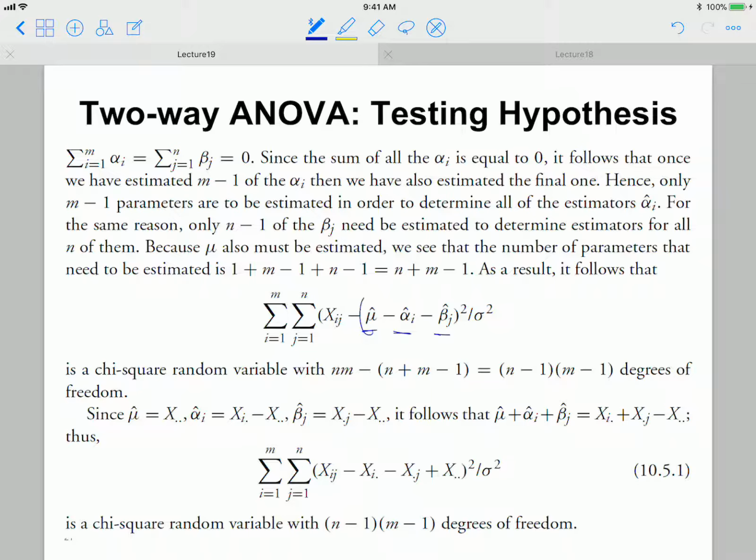So let's start with the mu, and replacing it by our estimator for the global mean. That will correspond to one parameter estimation, or one degree of freedom that we have to decrease. And then how many alpha values do we have?